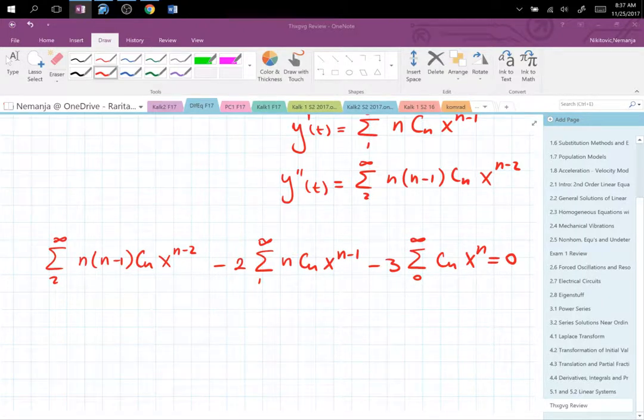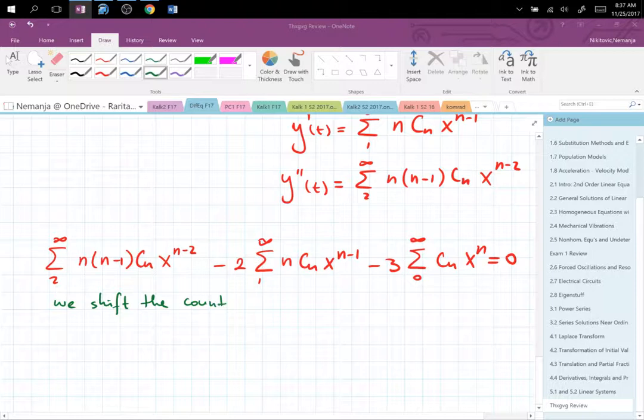We don't have to do peeling terms, which is great. So I'm going to shift the counter, and we do that here and here.